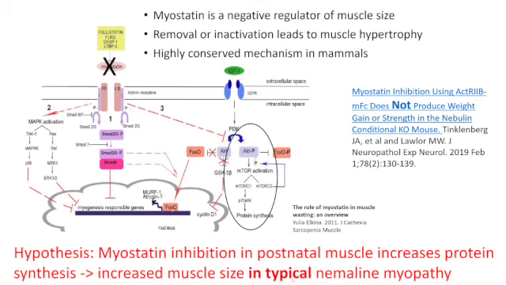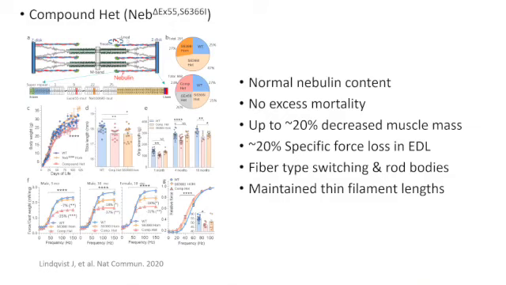In contrast to the earlier work that used this severe Nemaline myopathy model, a conditional knockout, in this work we decided to use this compound heterozygous model, in which this missense mutation was combined with the exon 55 model.